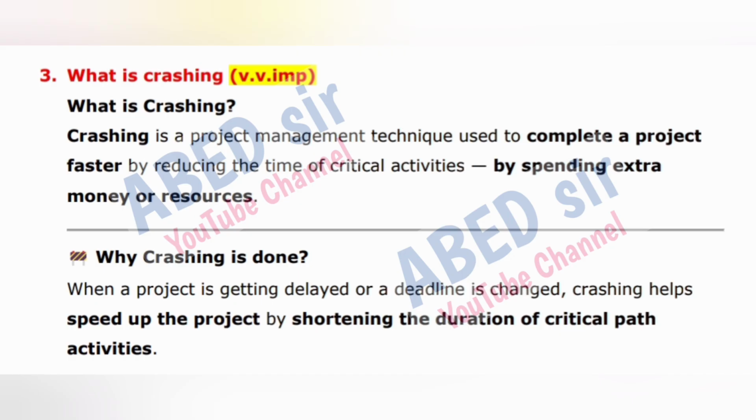What is crashing? Crashing is a project management technique used to complete a project faster by reducing the time of critical activities by spending extra money or resources. Why crashing is done? When a project is getting delayed or a deadline is changed, crashing helps speed up the project by shortening the duration of critical path activities.